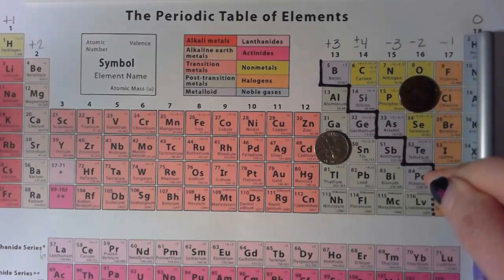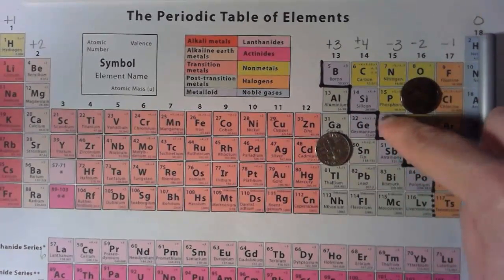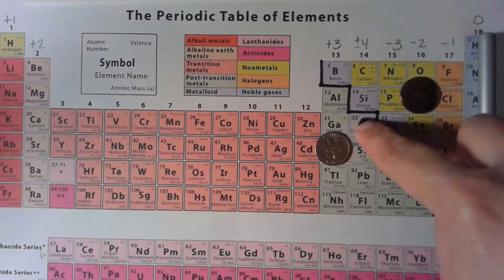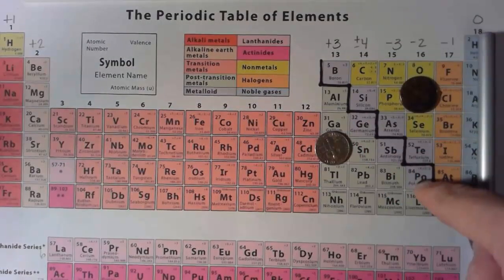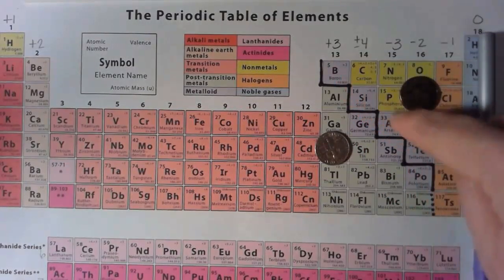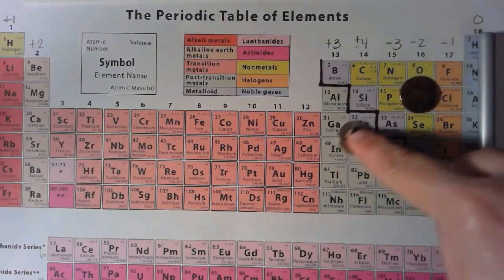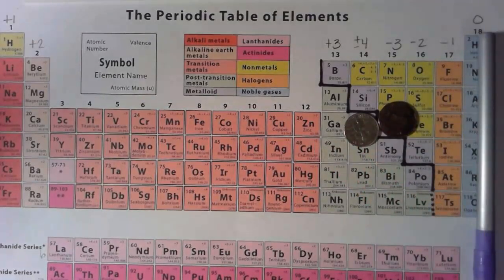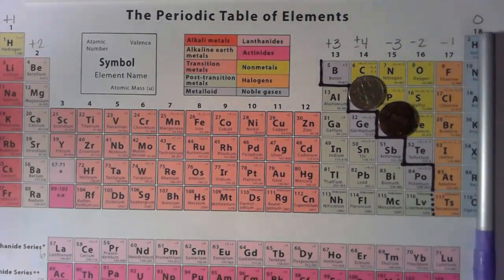This is our separator. So if they are on this side, they're a nonmetal. If they're on the left side, they are a metal. So Ge, Sb, and Po are metals. B, Si, As, and Te are nonmetals. So if it's like this, that is an ionic bond. If it's like that, that is a covalent bond. I know it's irritating, just go with it.